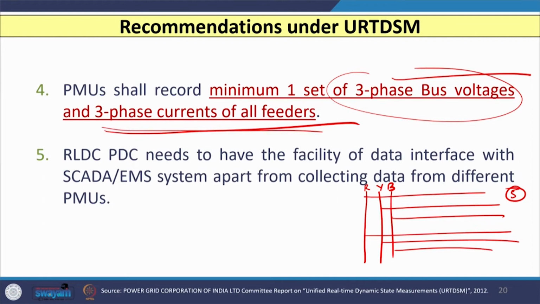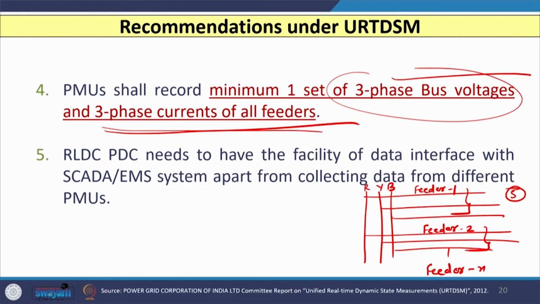That is the meaning of this. This is our feeder 1 which contains 3 currents. Similarly, we have feeder 2 that also contains 3 currents and so on, and then feeder N. So, all these currents should be recorded by the PMU.